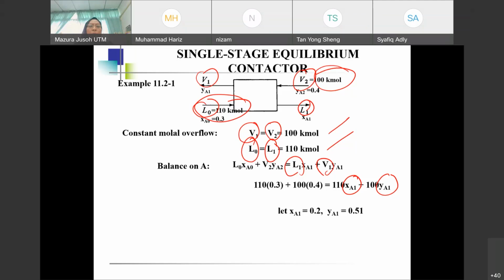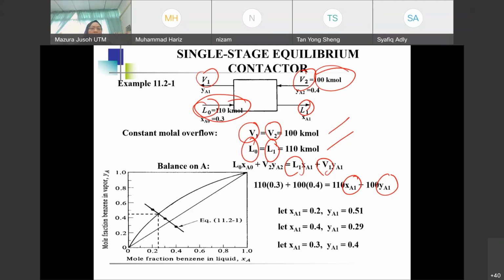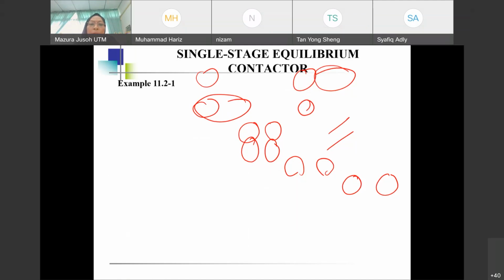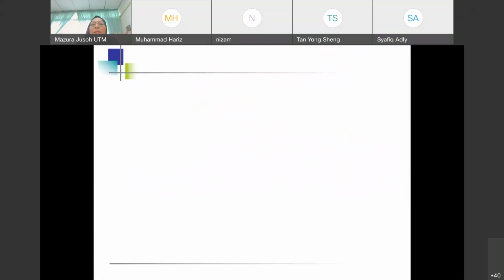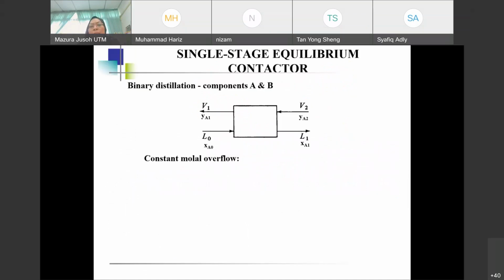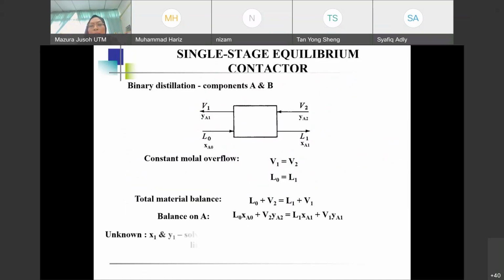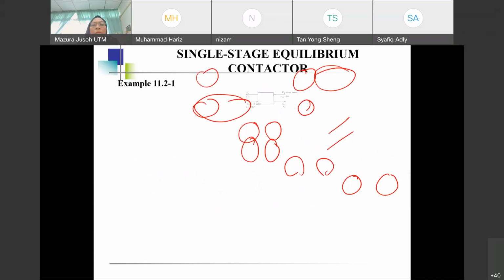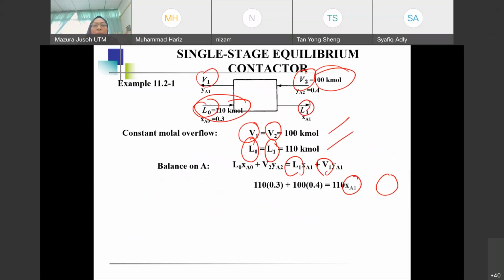Have you got your equilibrium line ready? I mean your XY plots. Do you have your XY plot ready with you? So take your graph paper. Wait, the question is benzene toluene? Yes. Go to your appendix and find the equilibrium data for benzene and toluene and please draw the equilibrium line first.